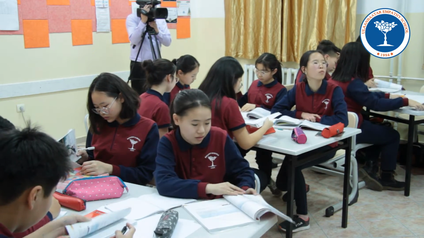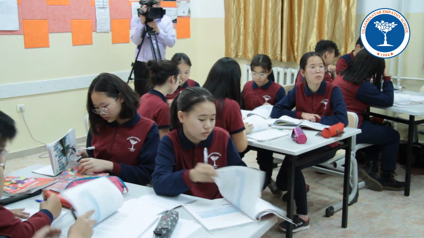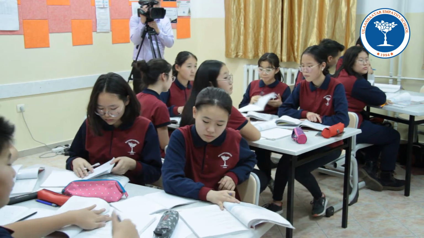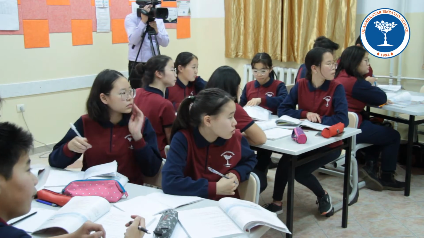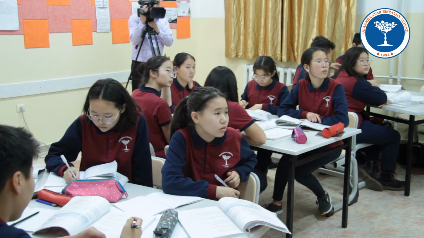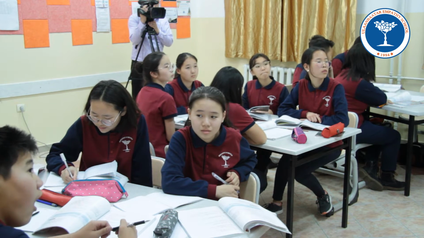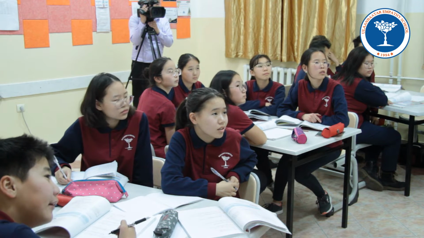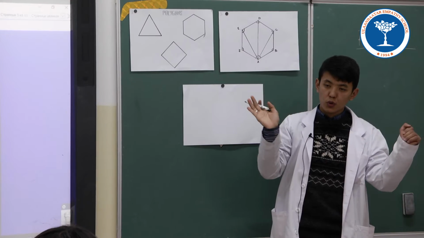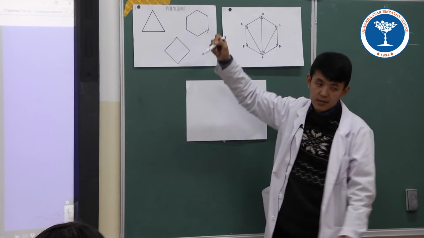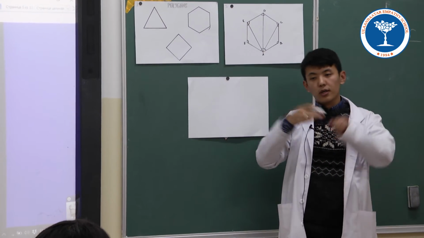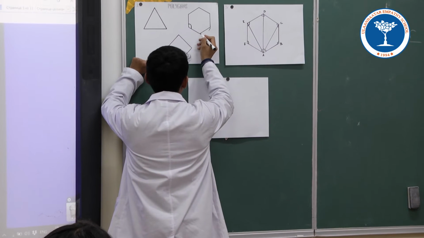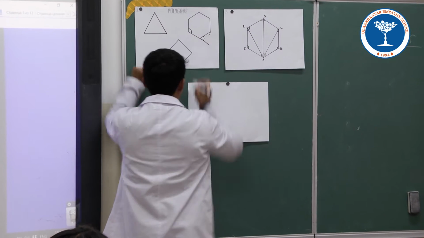Let's define some other features of the polygon. Now, first, we have a marker here. Let's work with it. We have this polygon. It has angles, yes? But it also has outside angles.